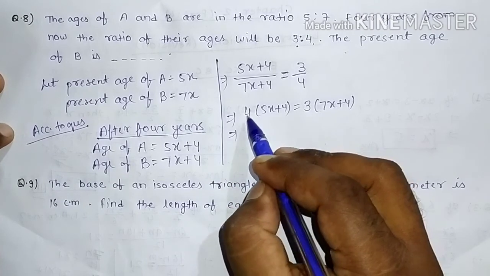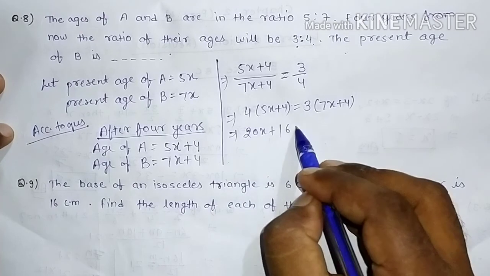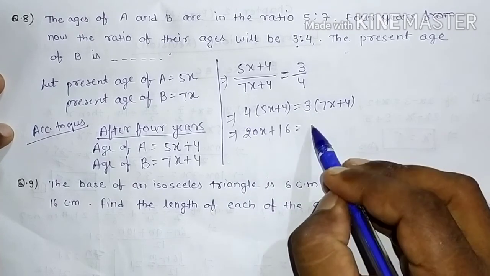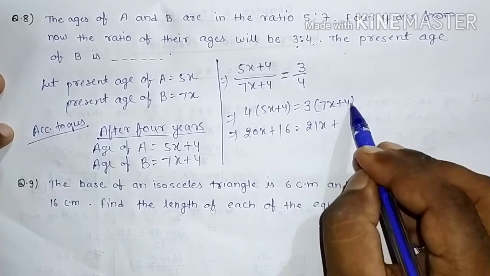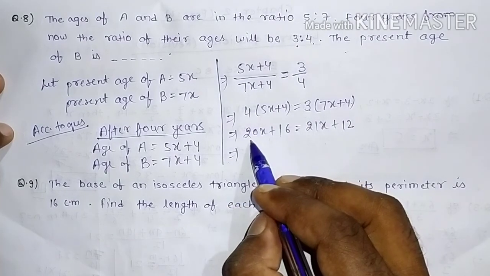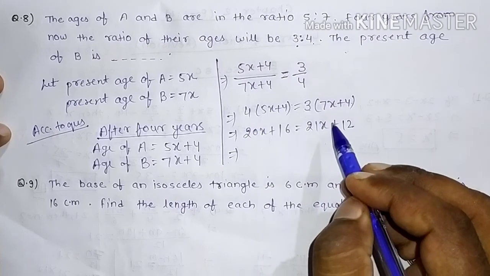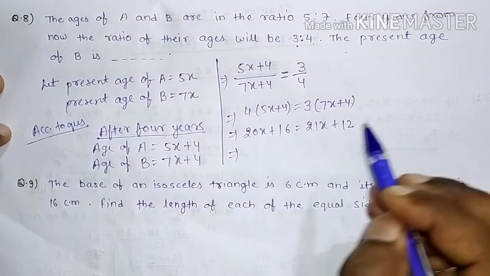Now 4 fives are 20x, so this is 20x plus 4 fours are 16, equals 3 sevens are 21x plus 3 fours are 12. So 20x and this is 21x. These two are variable parts, so just take one side and numbers to the other side.